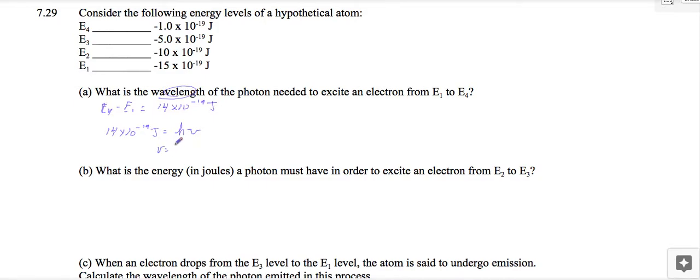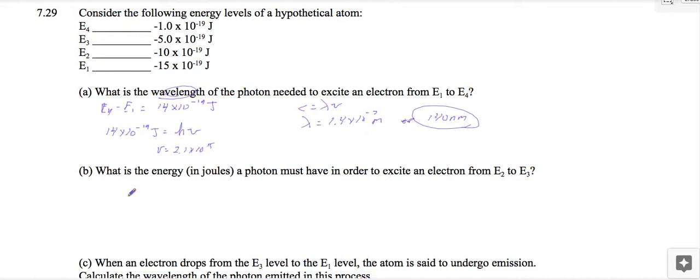Frequency is equal to 2.1 times 10 to the 15th. We go on to the next one. The speed of light is equal to wavelength times frequency. So the wavelength here is equal to 1.4 times 10 to the minus 7th meters, or 140 nanometers. So there you go.